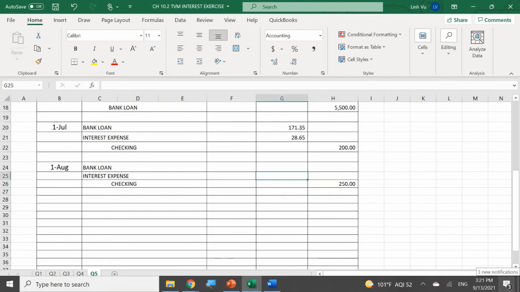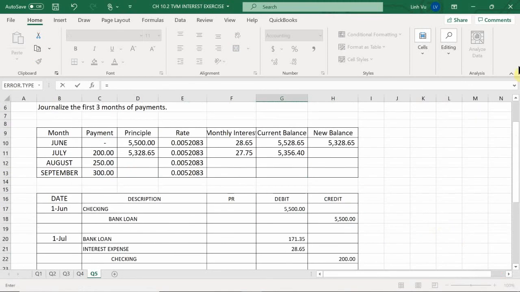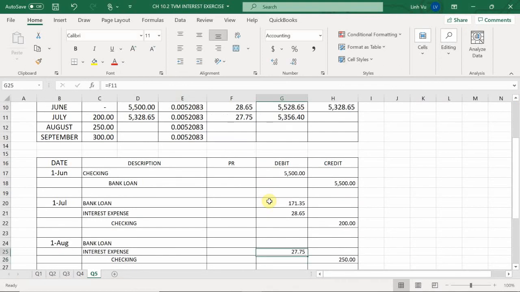And this time, I'm cutting a check out for $250, okay? So here, my calculated interest that I solved for was only $27.75, okay? So therefore, how much money am I actually paying into my actual principal? $222.25. Good.